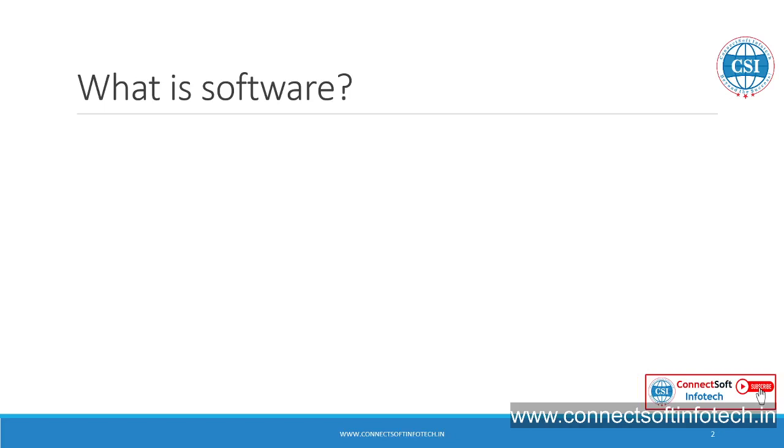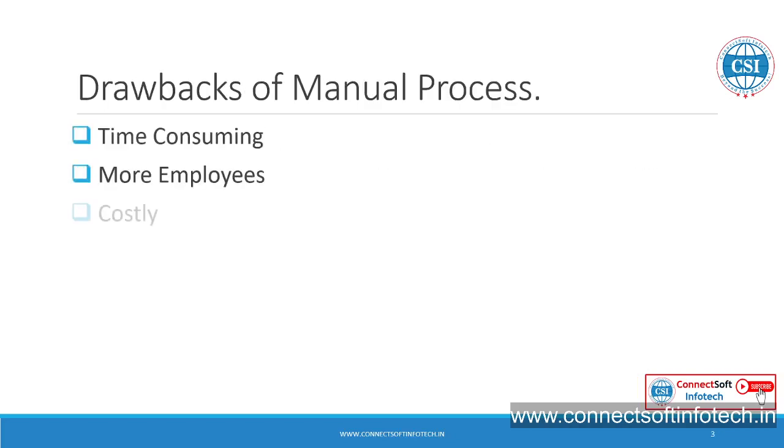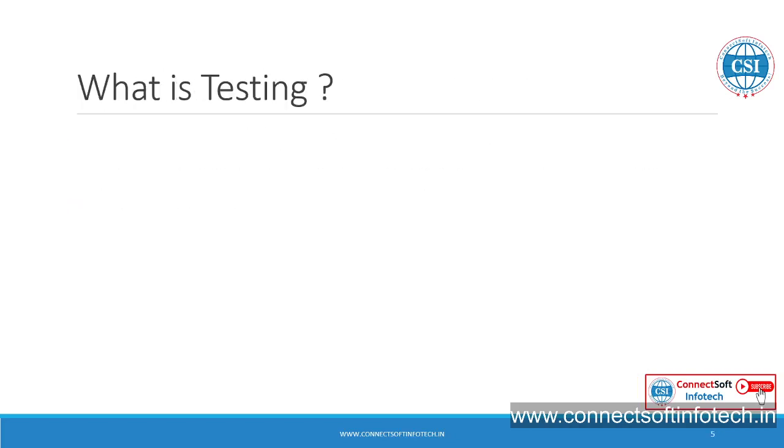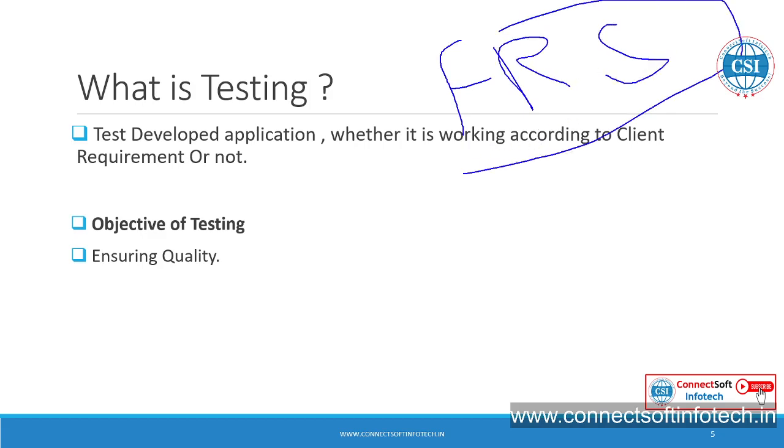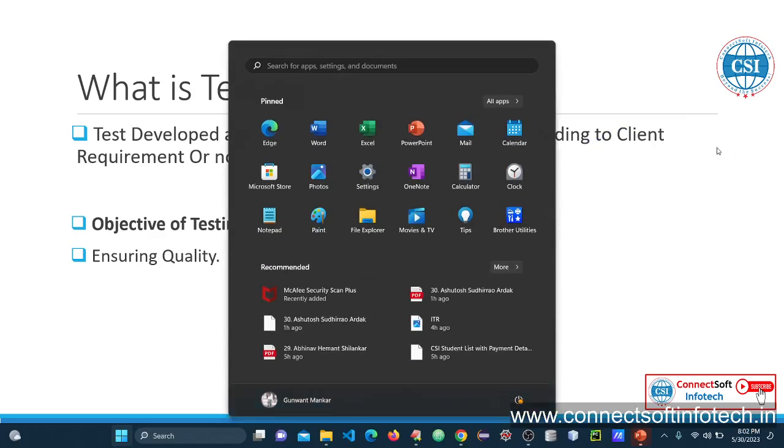We have documentation known as FRS, the functional requirement specification. The industry will provide you this documentation, and if the requirement is covered according to it, we can say we have done our testing as per the requirement.